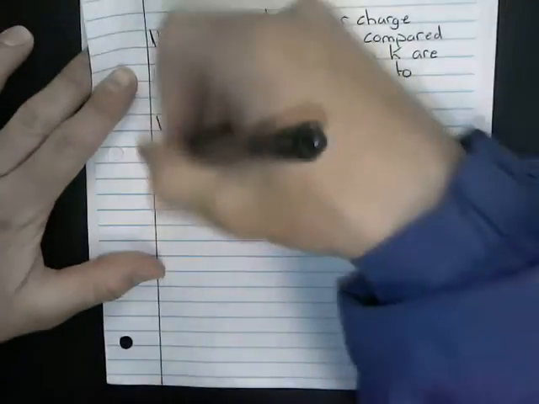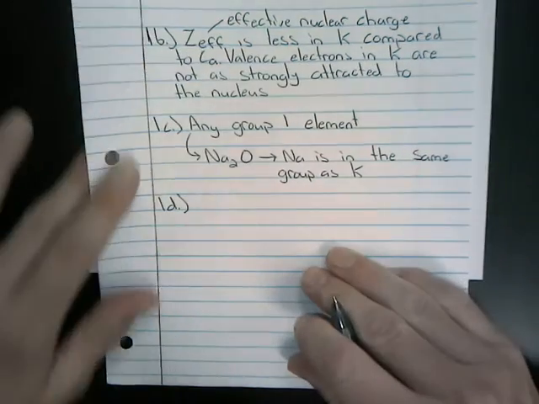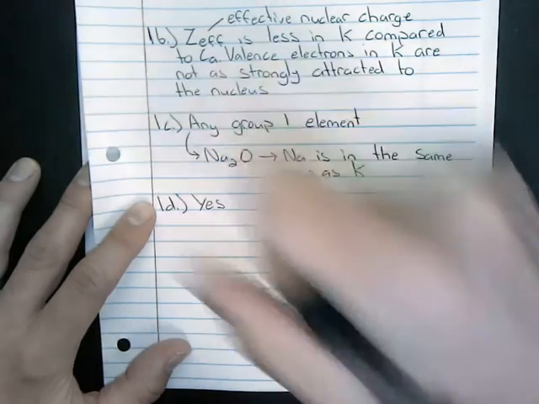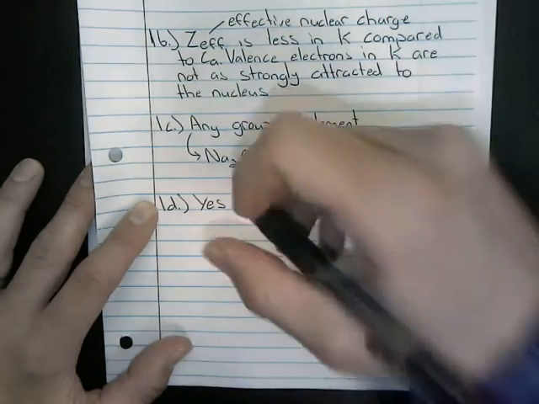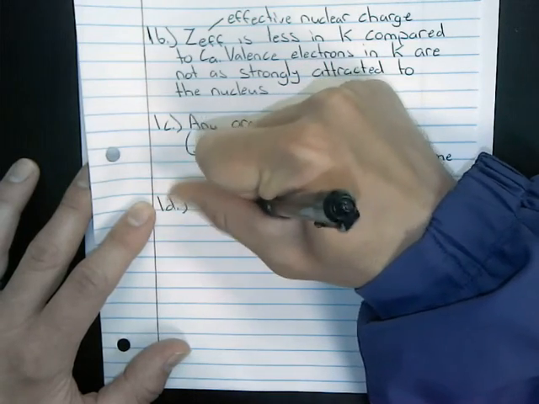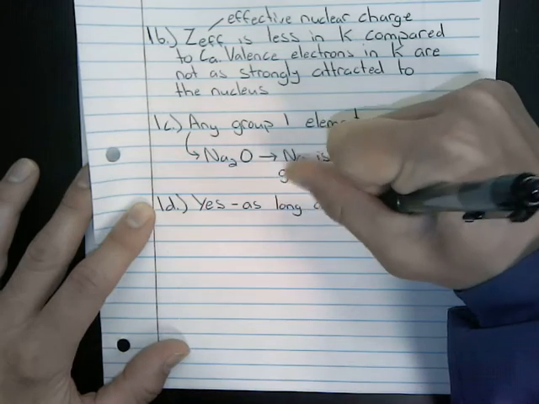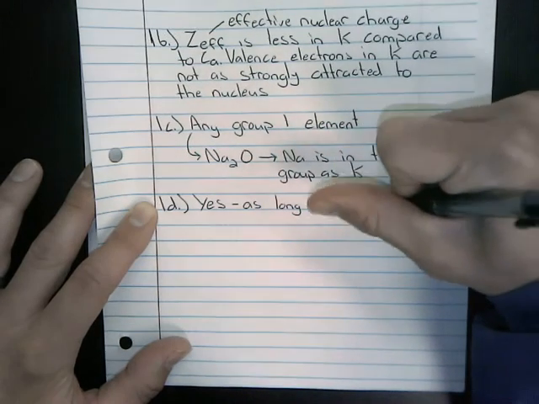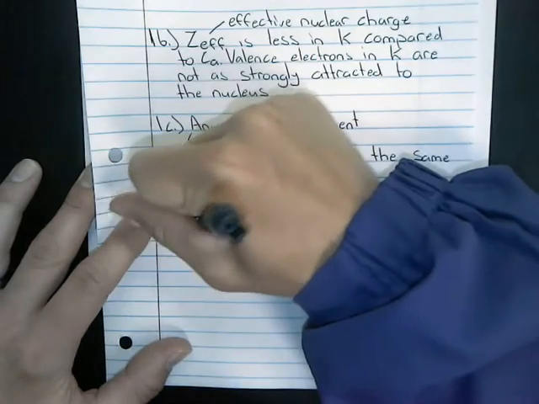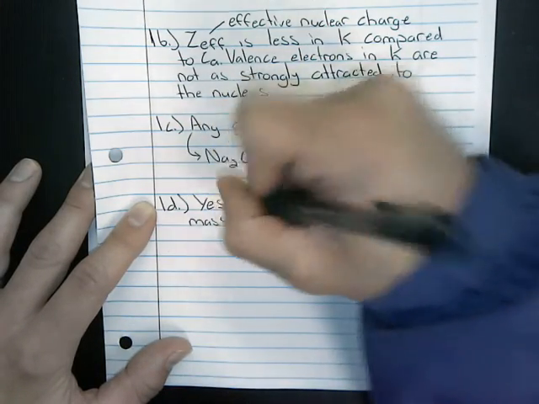And so our answer here to 1D is yes. Yes, as long as the percent mass of potassium is known and can be calculated.